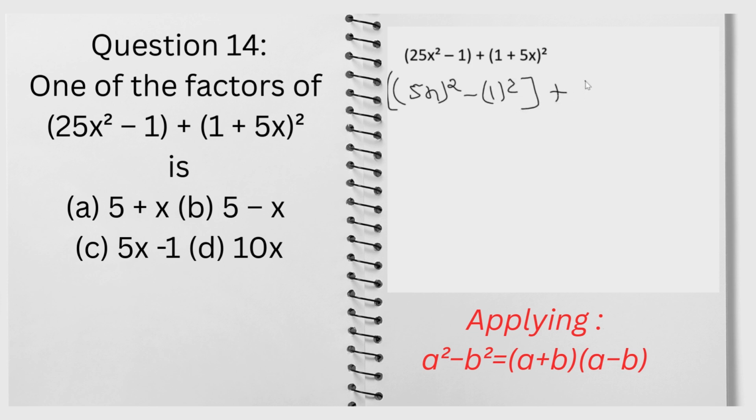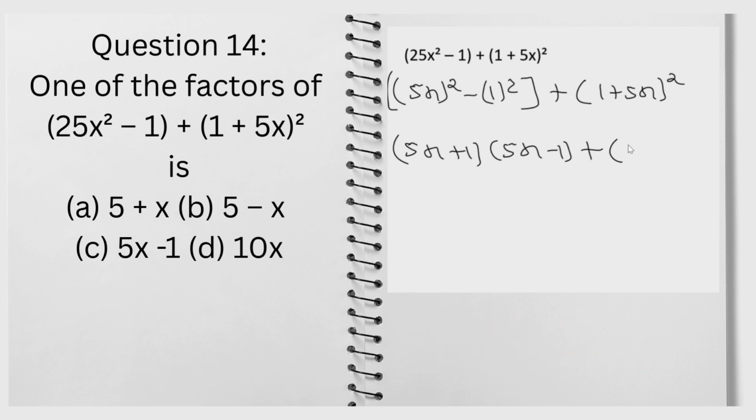The other terms, let them be as they are. This is (1 plus 5x) the whole square. Now applying the identity, a plus b into a minus b, it's going to be a plus b, that is 5x plus 1, into a minus b, that is 5x minus 1. And this can be written as 1 plus 5x is the same as (5x plus 1) whole square.